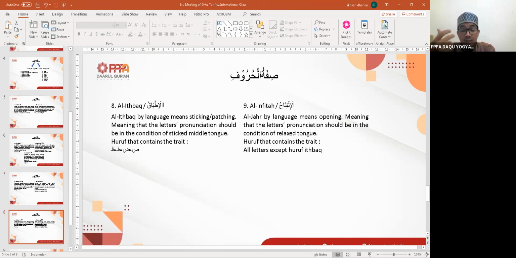We can find it later in the next narration, meaning that the letter's pronunciation should be in the condition of sticking the middle tongue, or patching the middle tongue to the palate, of course. The huruf that contain the trait are only 4: sa, da, ta, za.